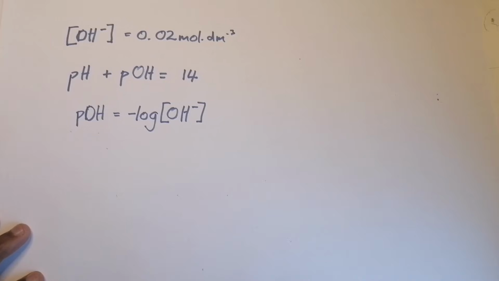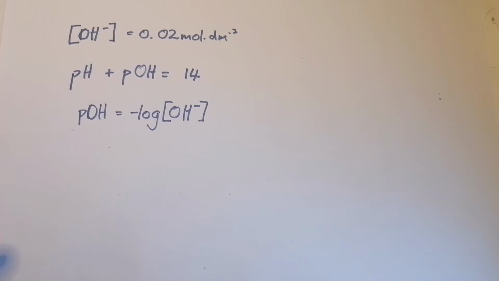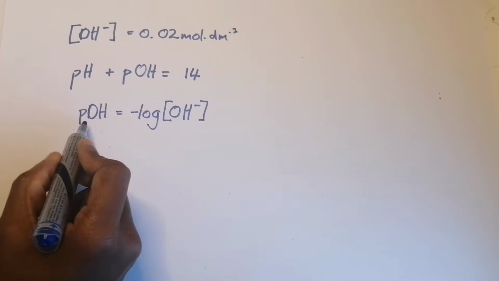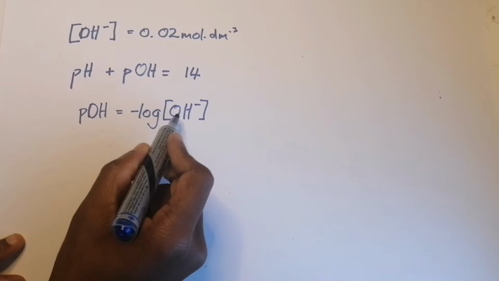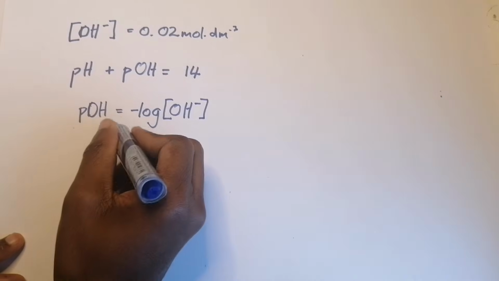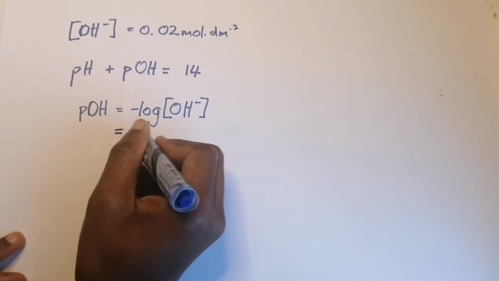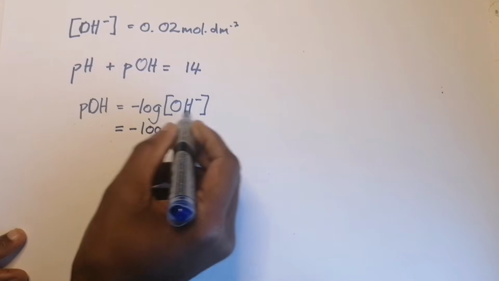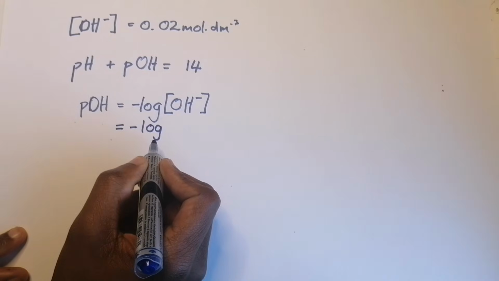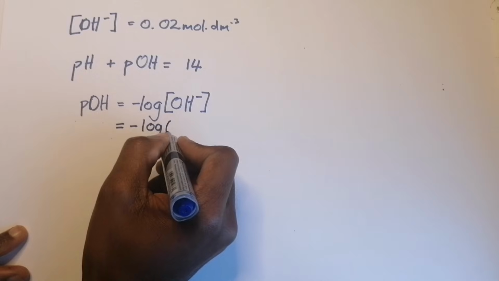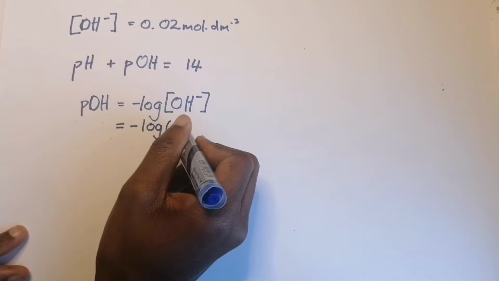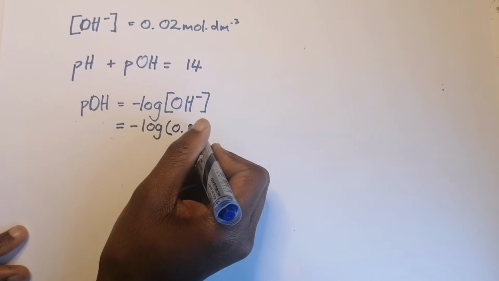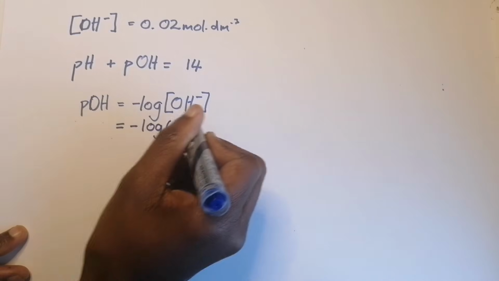So it means that I'm going to simply say pOH is minus log of hydroxide ions. And as a result, I've got the concentration of my hydroxide ions, right? And what is that concentration? It's 0.02. So I am not calculating pH, but I'm calculating pOH.